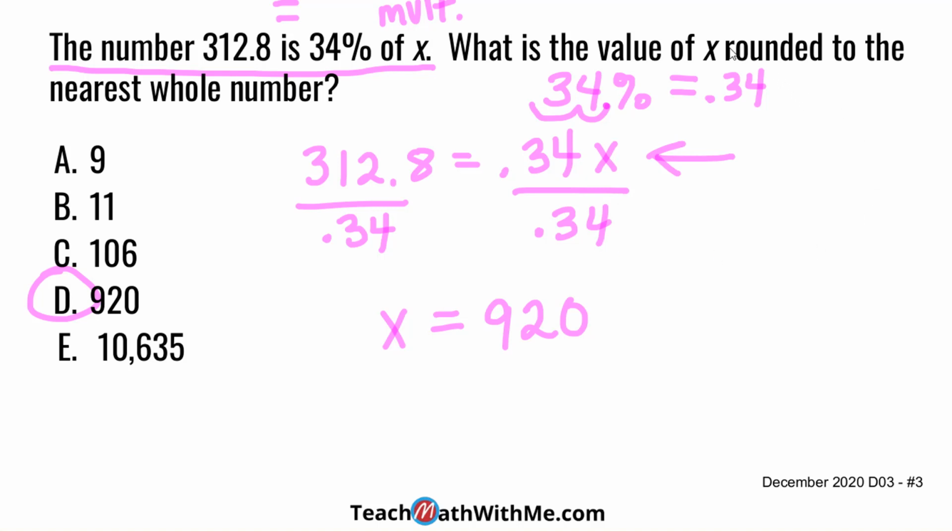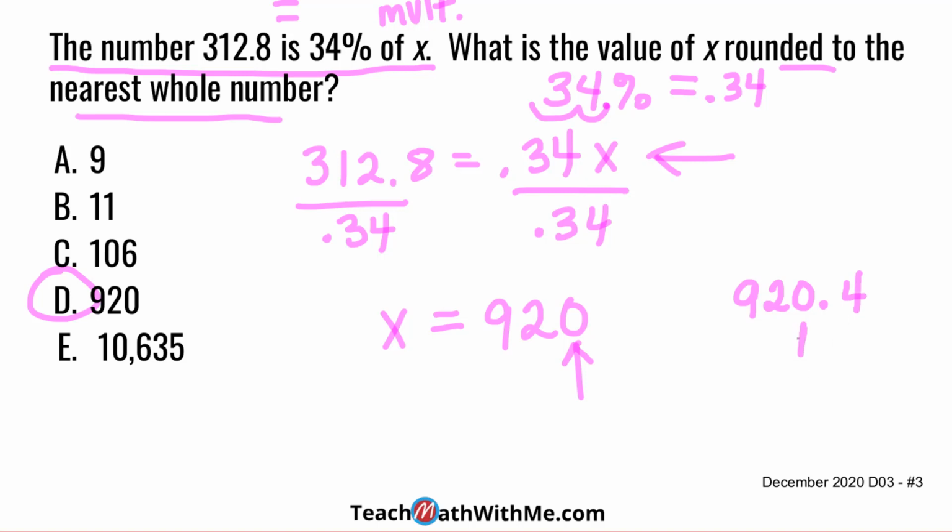Now the other thing we looked at in this question is what's the value of x rounded to the nearest whole number. For the nearest whole number, we're looking at this position in the ones place. So we really didn't even have to deal with rounding. But let's just say, for example, our answer had come out to be 920.4.